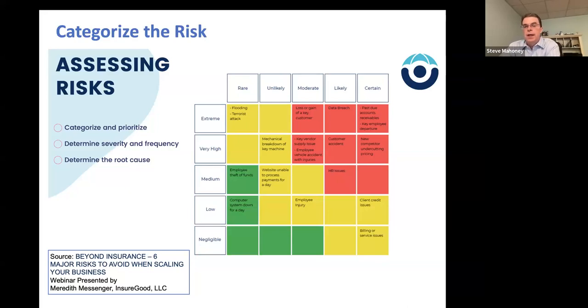Some of it might be, I think this could happen, so I'm going to explore getting an insurance policy, so that if something were to happen, I've got insurance coverage to replace that loss of income. But as I mentioned, insurance is not the solution for everything. Sometimes you've got to put certain business practices in place, either adding things or stopping things or changing things, and that can be your mitigation plan.